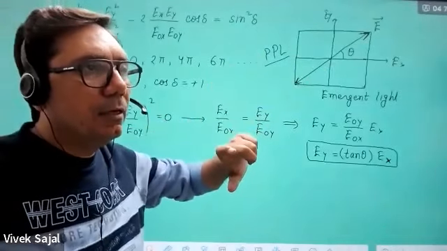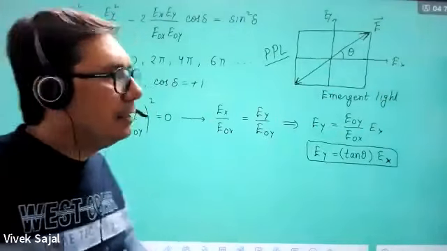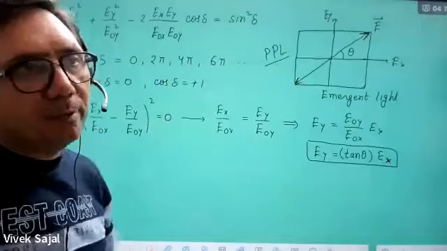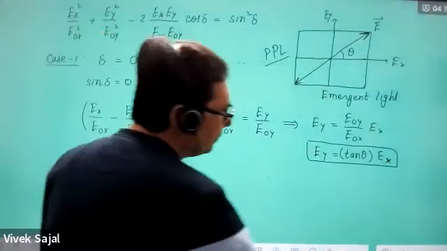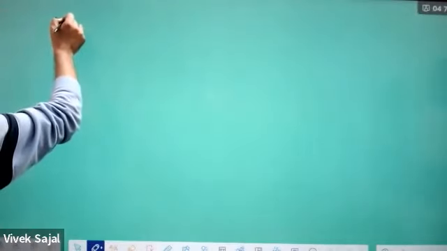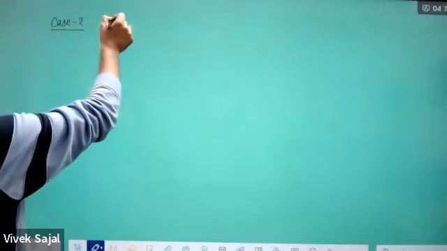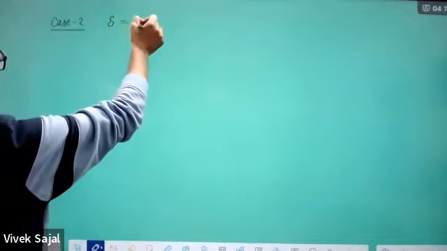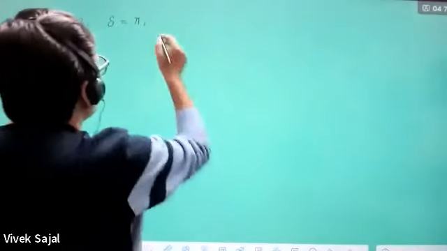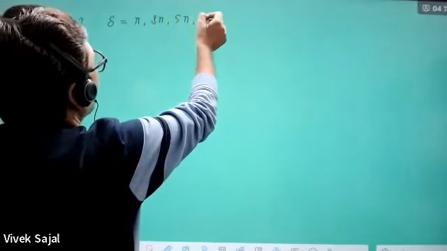But now suppose you choose the thickness in such a way that the phase difference between O ray and E ray is pi, 3 pi, 5 pi, 7 pi, like this, an odd integer multiple of pi. So this is case 2.